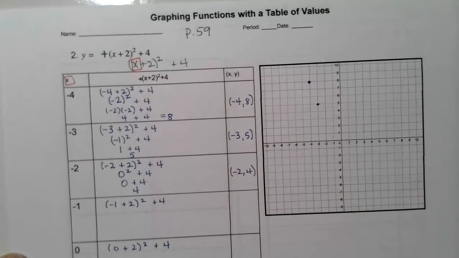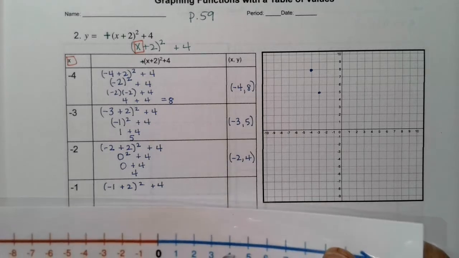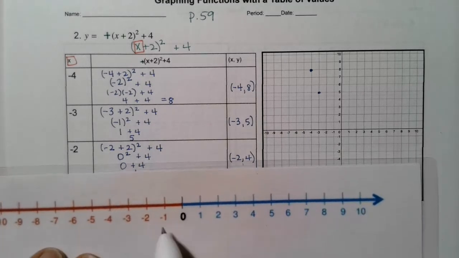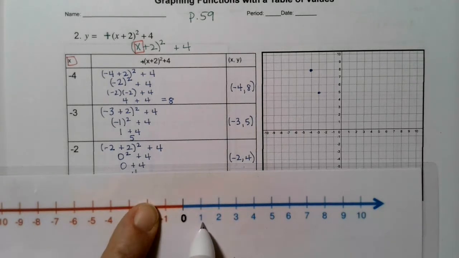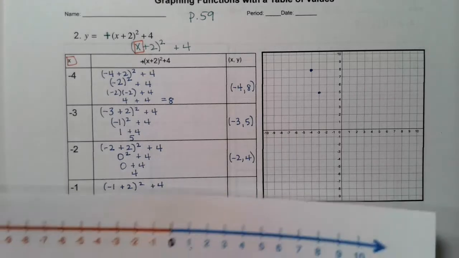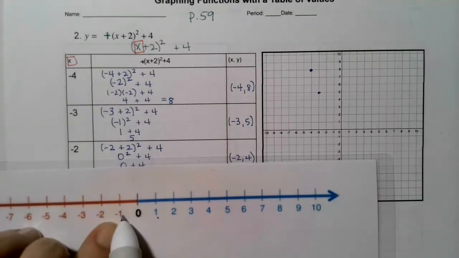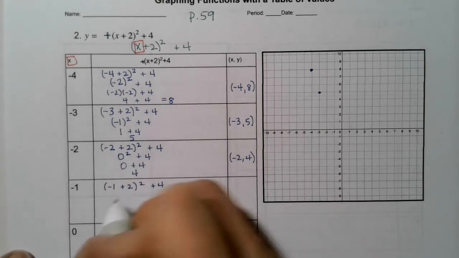Here I have -1 plus 2. And if I'm looking at my number line, -1 plus 2 is to the right 2. I'm sorry, that's going to be +1. -1 plus 2 puts me right here at +1.